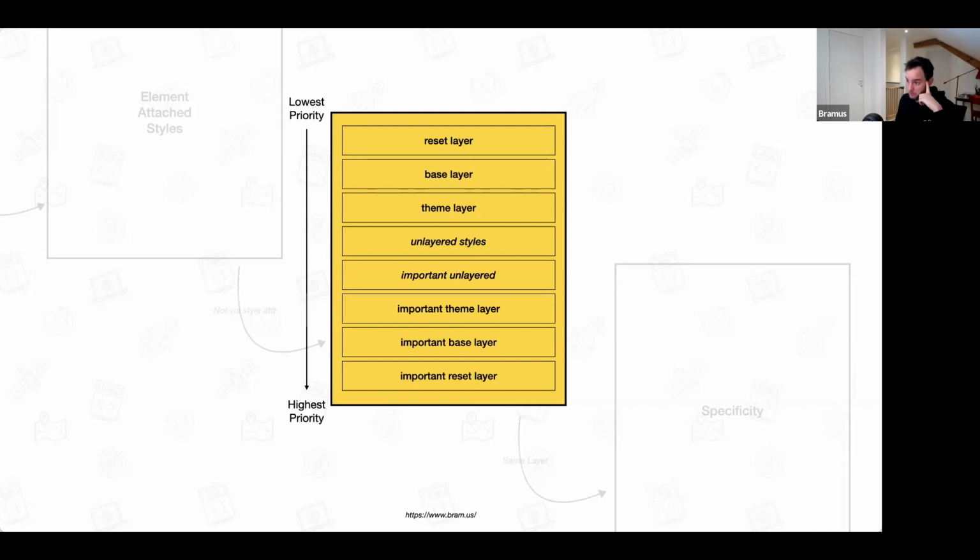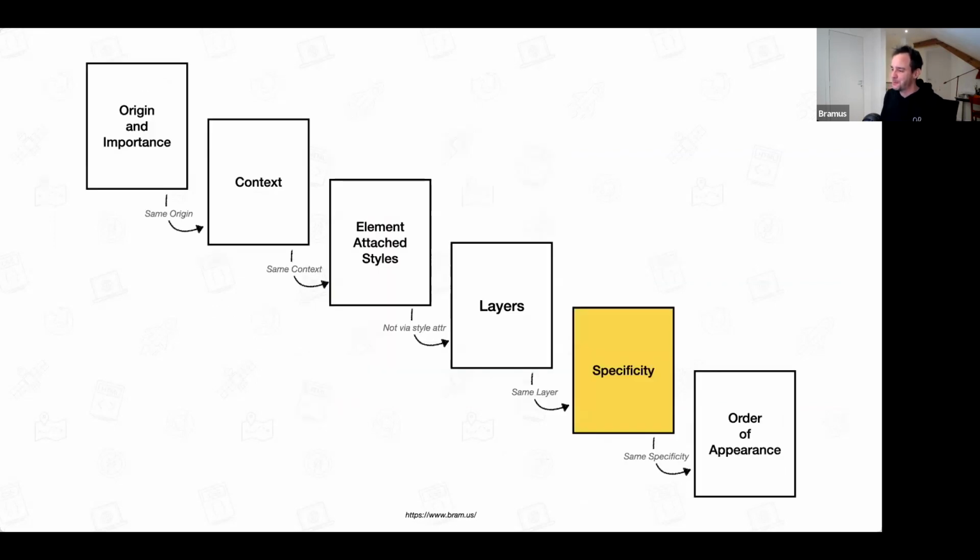So yes, unlayered styles will override everything you have set up in your layers. But also, yes, you can use !important in one of your layers to override your unlayered styles. Yeah, pretty crazy. And that was layers.